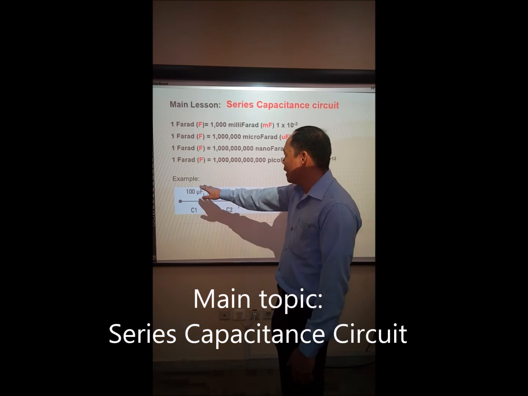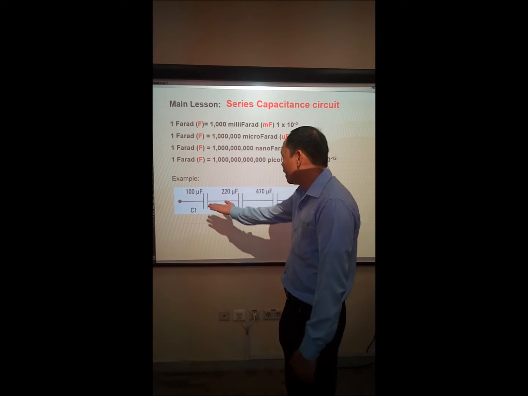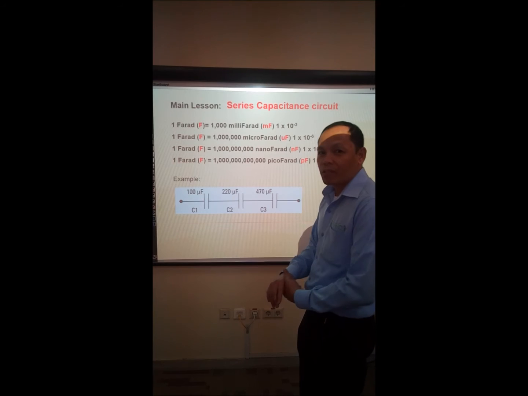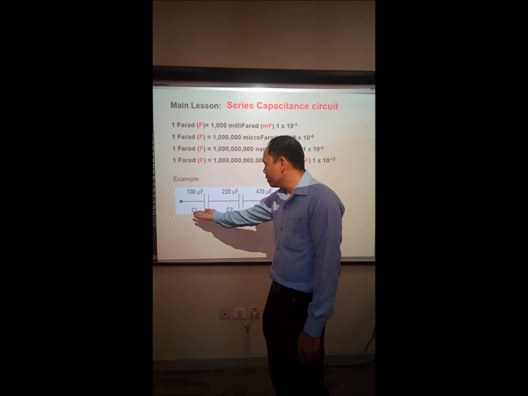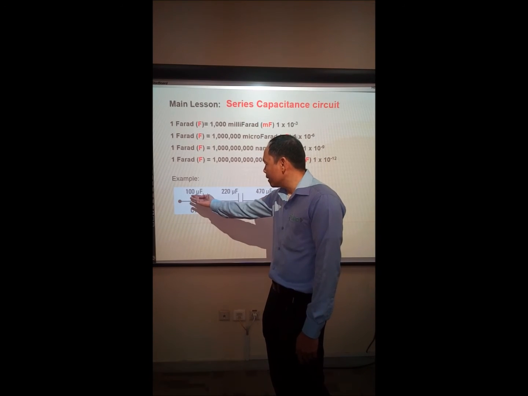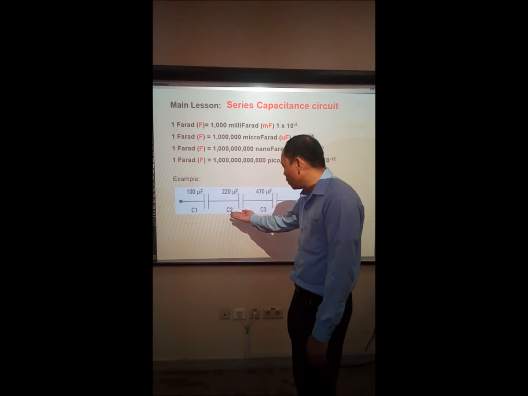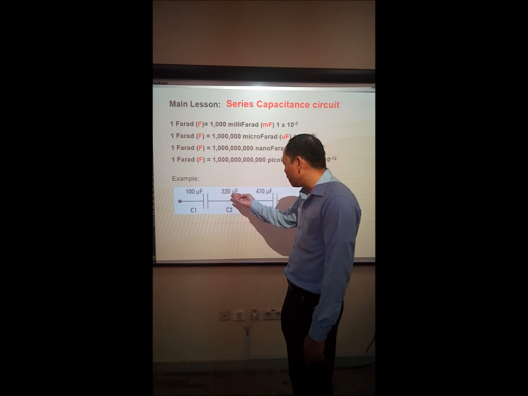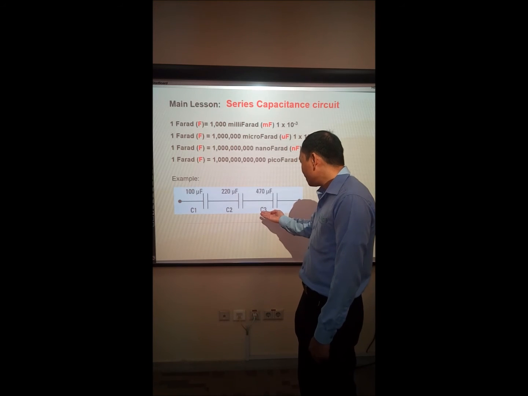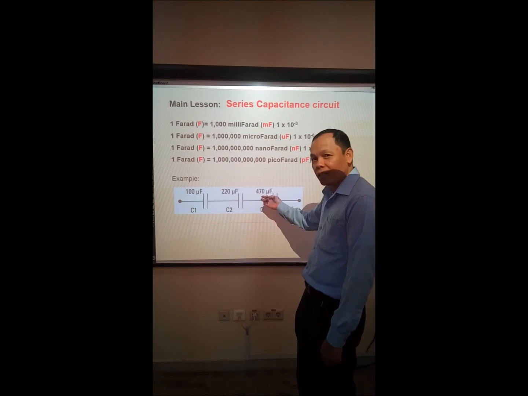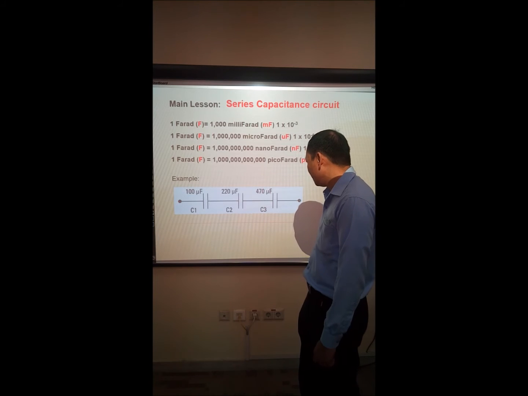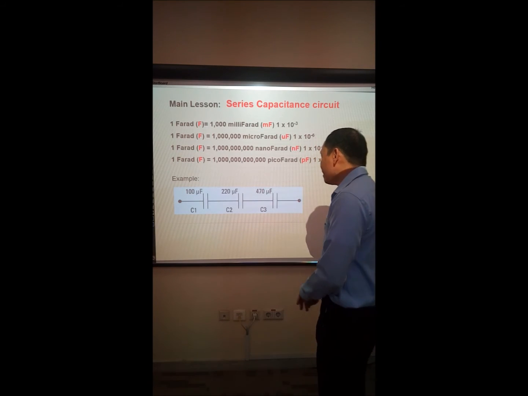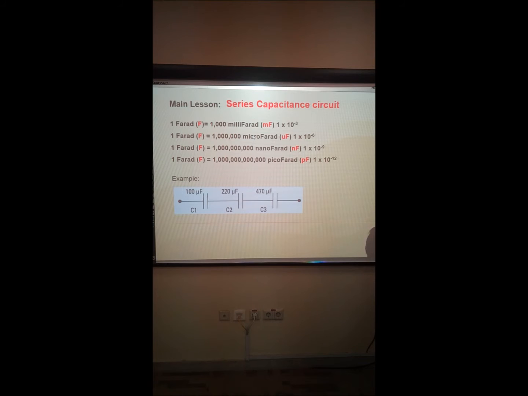Now, I have here an example of a series capacitance circuit. C1 or capacitor 1 is equal to 100 microfarad, and C2 or capacitor 2 is 200 microfarad of value. Then C3, capacitor 3, is 470 microfarad. Now, what is the total capacitance?